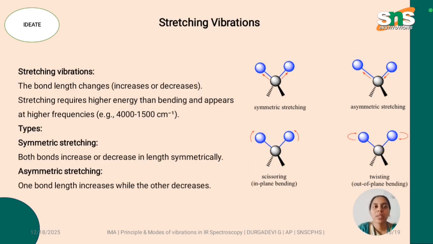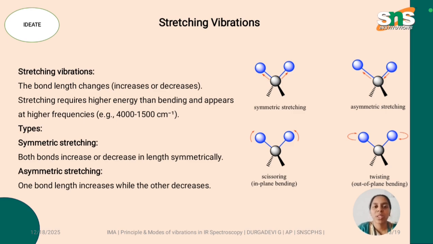So let us discuss in detail the stretching vibrations. The bond length changes, that is, it increases or decreases. Stretching requires higher energy than bending and appears at higher frequencies, occurring at 4000 to 1500 centimeter inverse. The types are symmetric stretching and asymmetric stretching. In symmetric stretching, both bonds increase or decrease in length symmetrically.